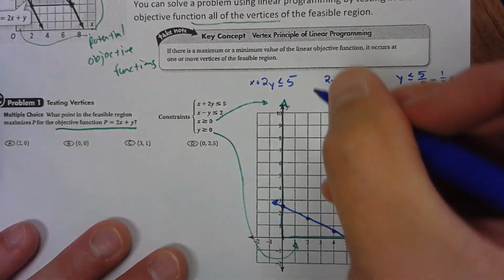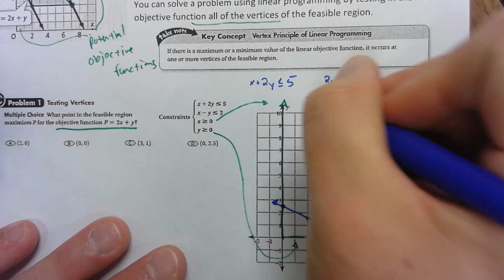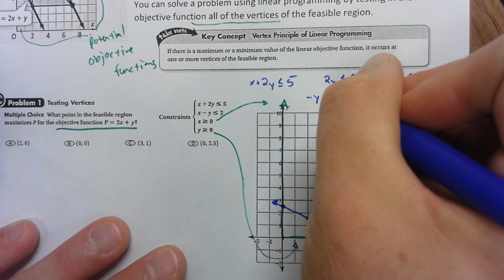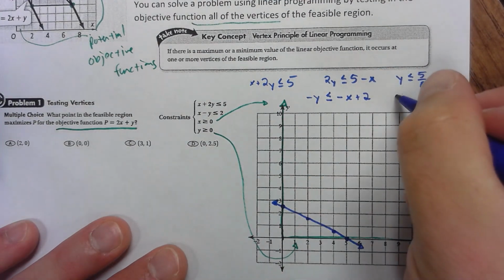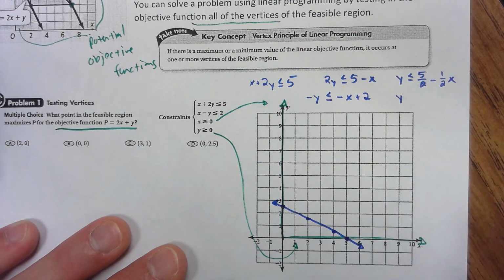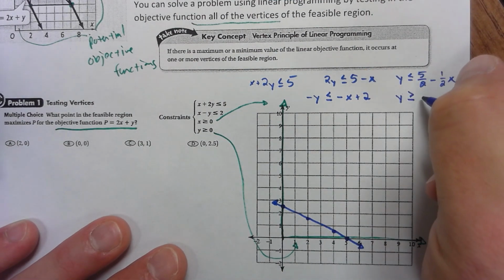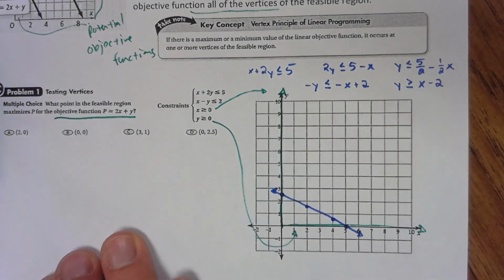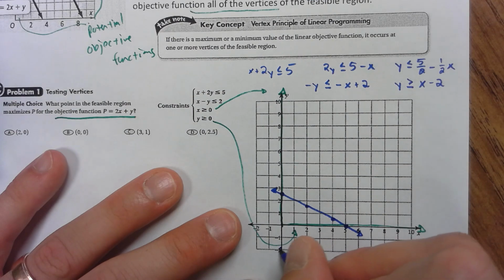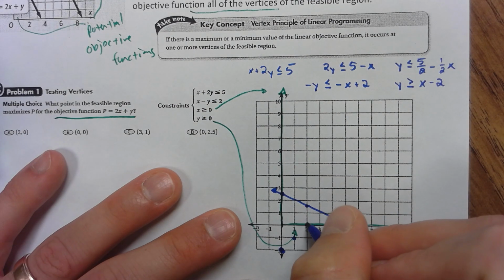Our other line, x minus y being less than or equal to 2. Again, we need to subtract x. So negative y is less than or equal to negative x plus 2. Then divide by negative 1, where we get y, and the sign flips from less than or equal to now greater than or equal to, and that'd be x minus 2. So start at negative 2, a slope of 1 tells me to go up 1, right 1.